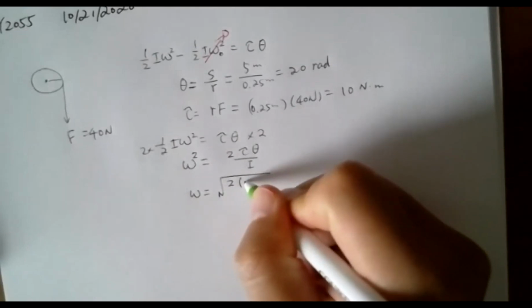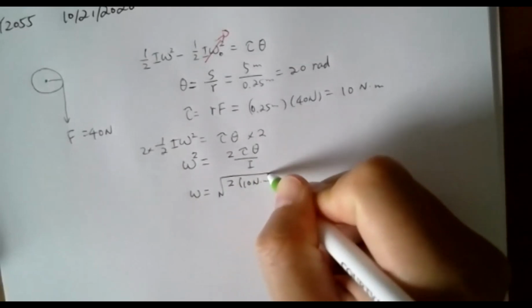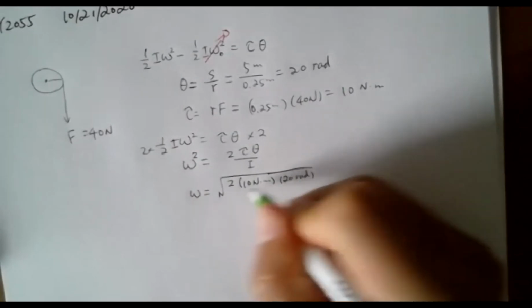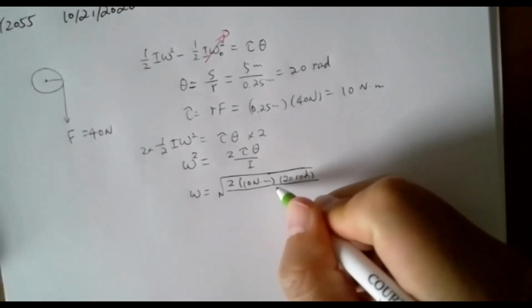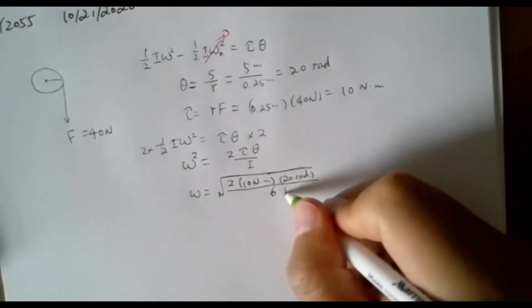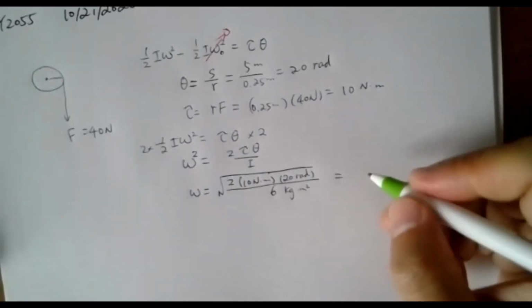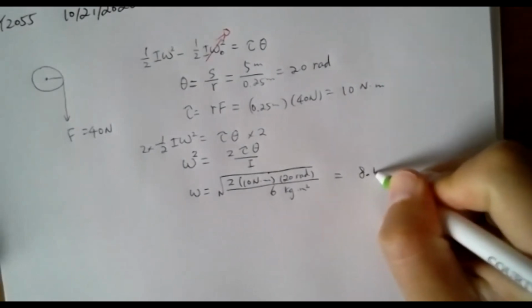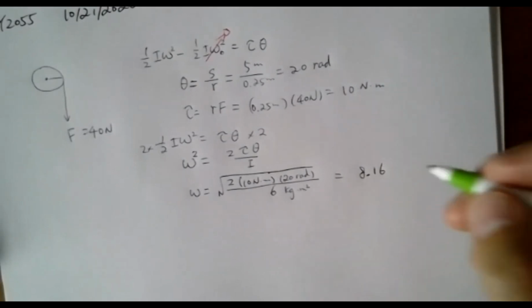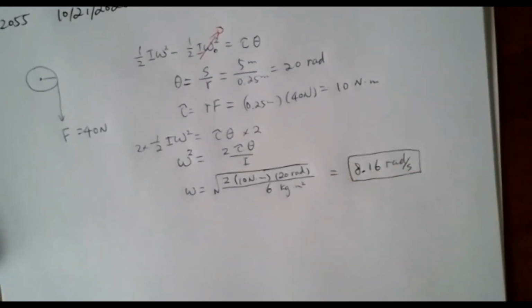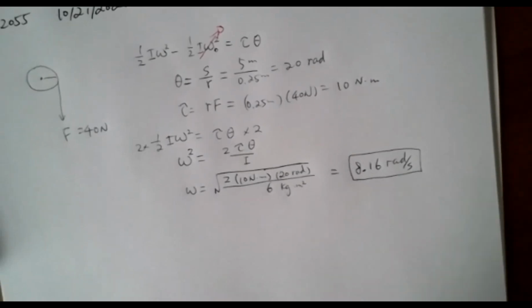So 2 times the 10 newton meters times the 20 radians divided by I, which is given as 6. Everything is in SI units, so your answer should also be in SI units: 8.16 radians per second, that will be your final angular speed, the angular velocity here. So that's part A.